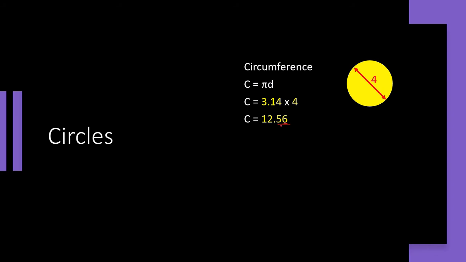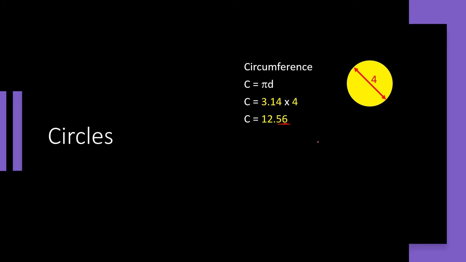Your result is going to be slightly different. The preferred method is to use the pi key, because it helps the calculator do a more exact calculation, or in this case a multiplication for you.